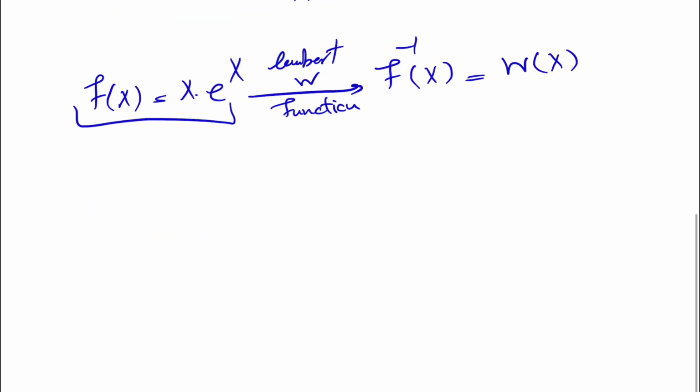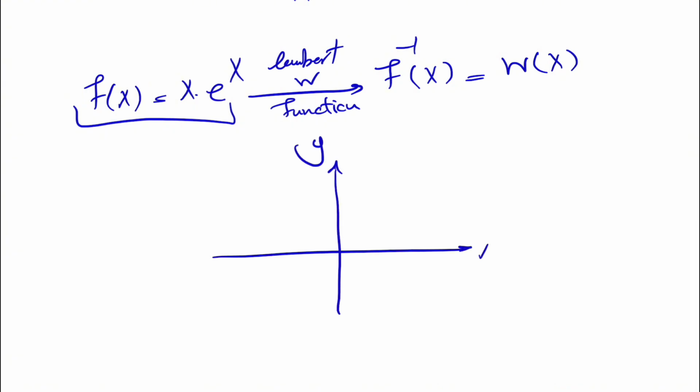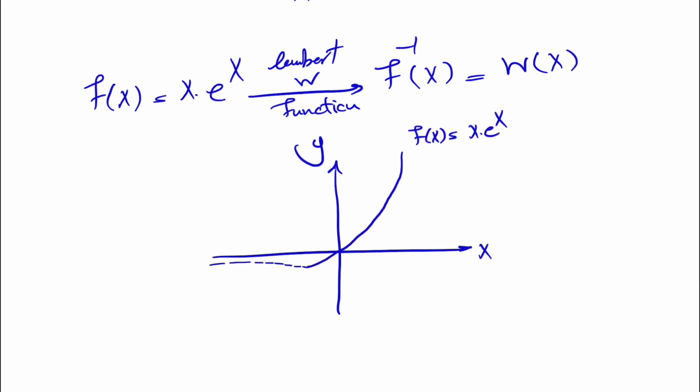So if you want to show the graph of these two, we're finding, let's call this y and this will be our x. If we want to draw the plot of f, we will get something like this. And if we want to find the coordinates, here we have -1, and here we will have f of -1, which will be -1 times e to the -1, which will be -1 over e. So we have 1 over e here.